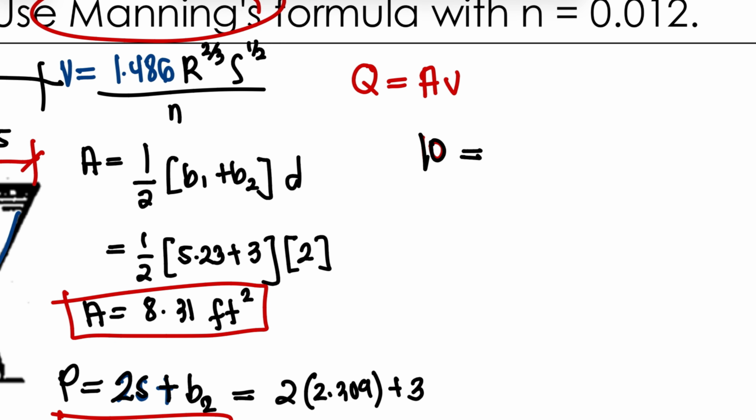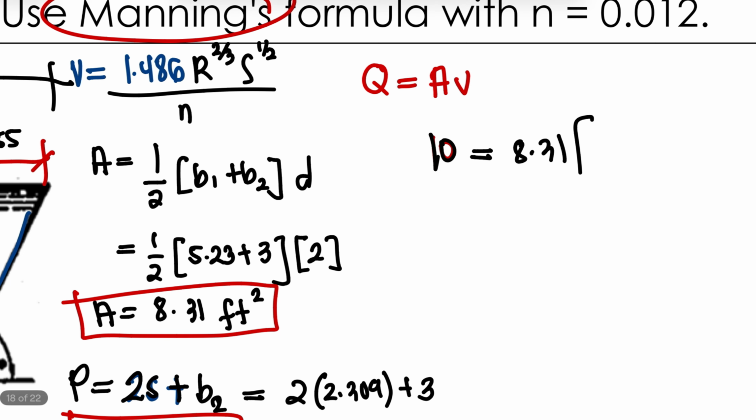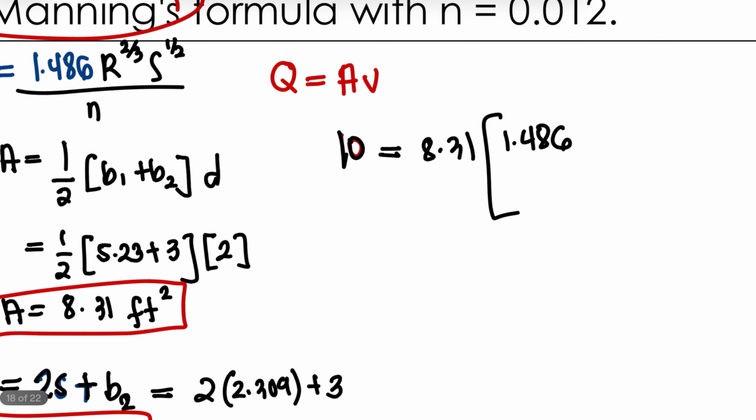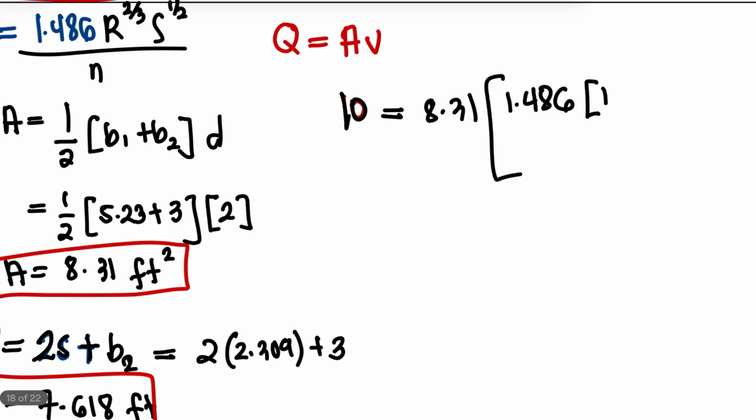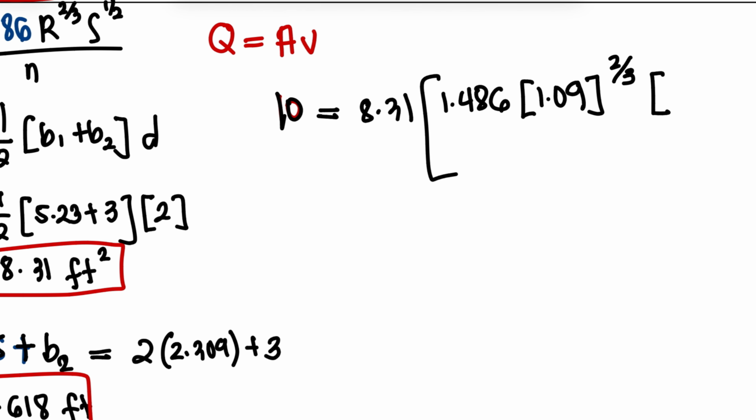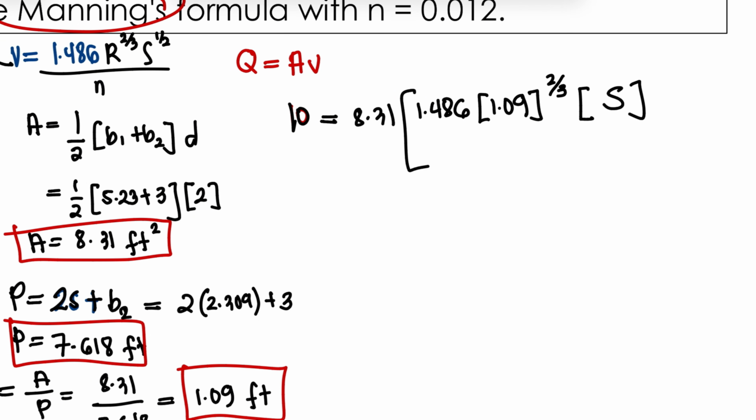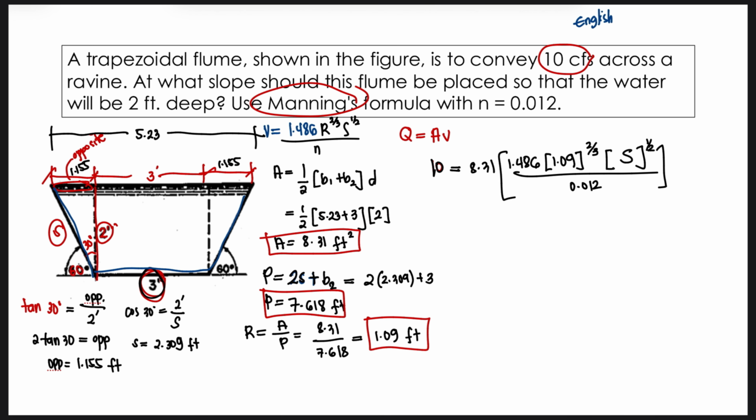The area is 8.31. And then the V is this one. Okay, so we have this 1.486. The R is equivalent to 1.09 raised to 2/3. And then the S is equivalent to unknown. Kasi yan po yung nahanap natin. Divided by the n, 0.012. So that's it for our equation.